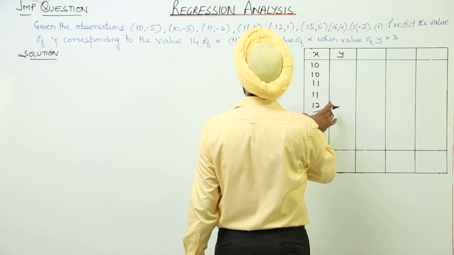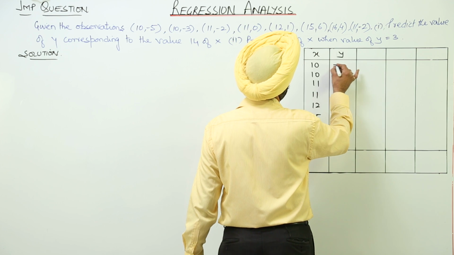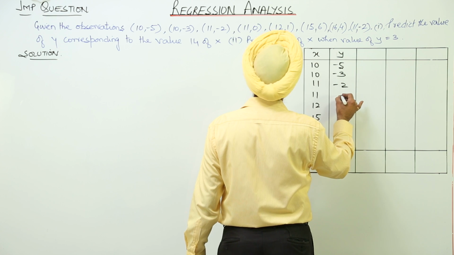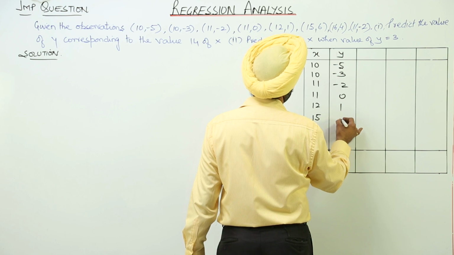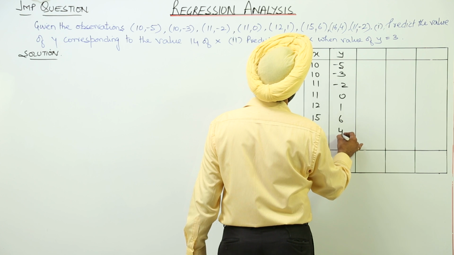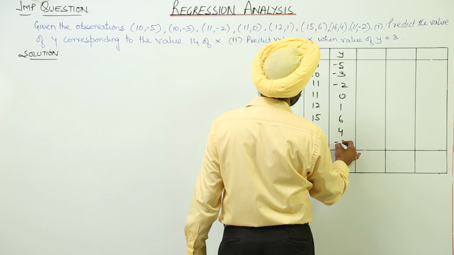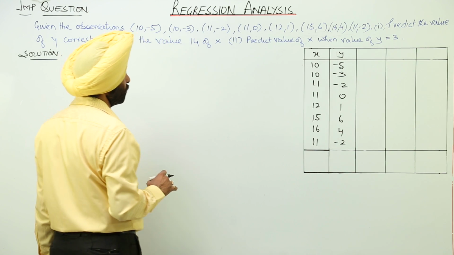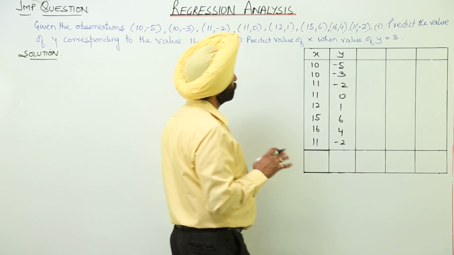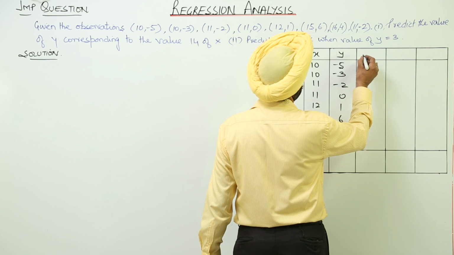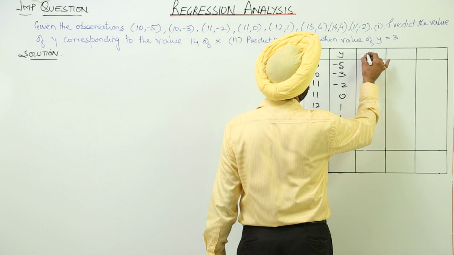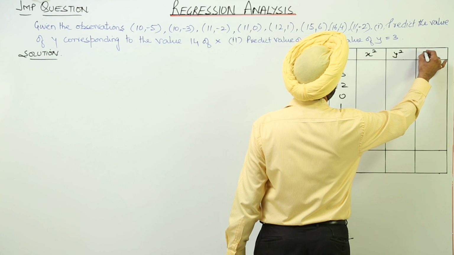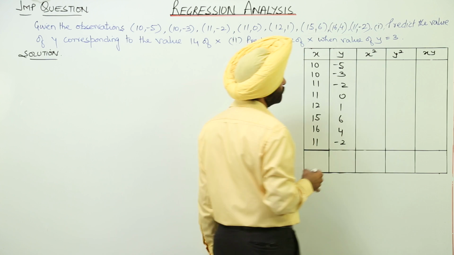For x I have already written, for y we now have negative 5, negative 3, negative 2, then 0, 1, 6, 4 and negative 2. So, this is for x and y. Now, what we want here is x square, then y square, and then x and y.